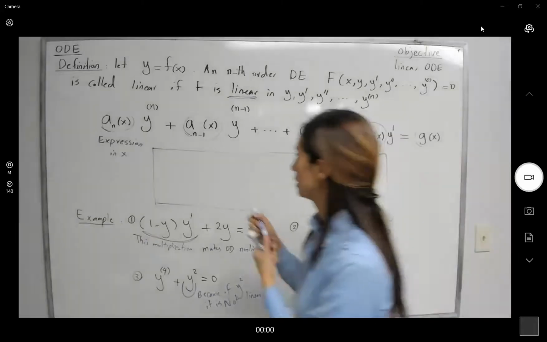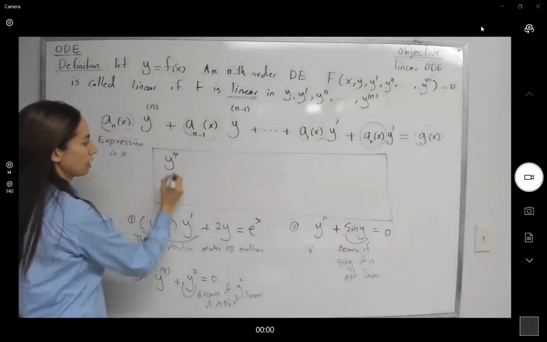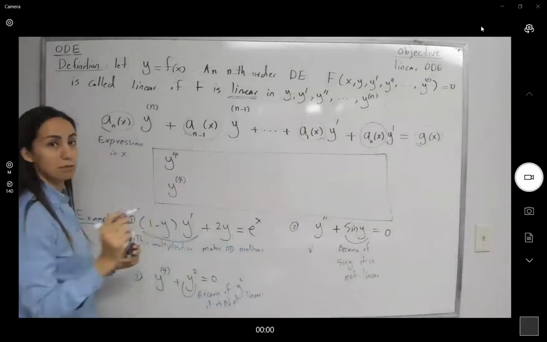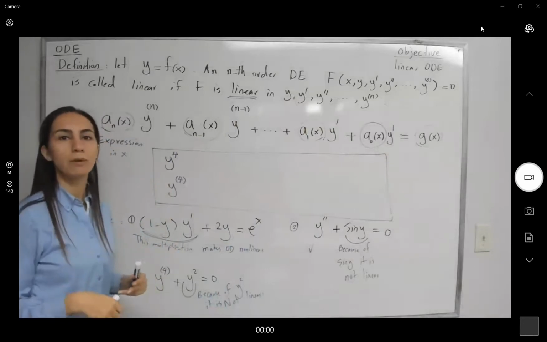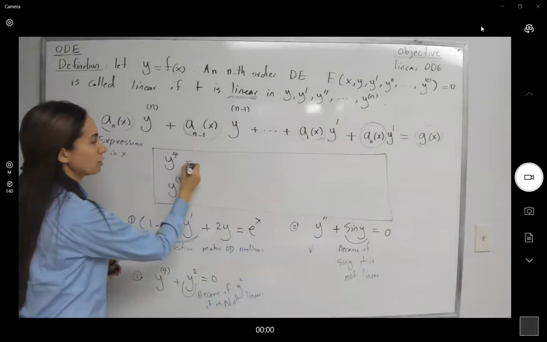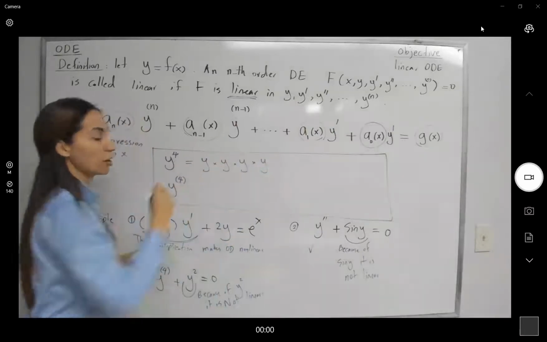Note that there's a difference between y to the fourth and y with 4 in parentheses. The first means that you have a function like y and you raise it to the fourth power, meaning y times y times y times y.